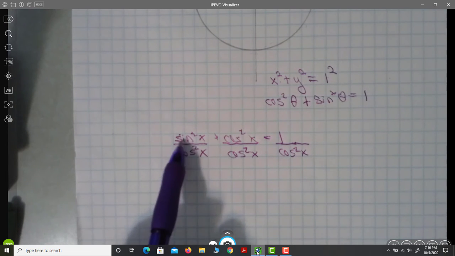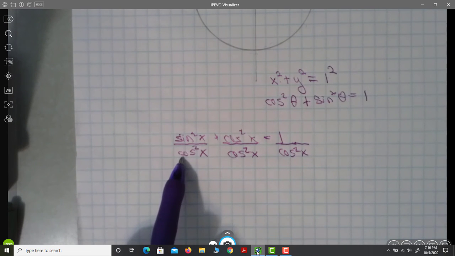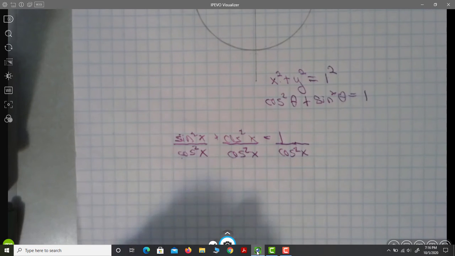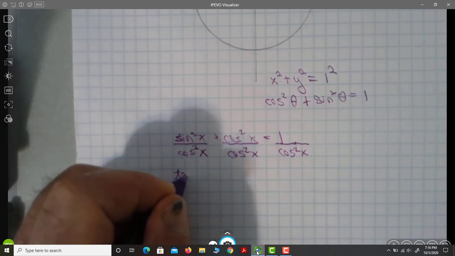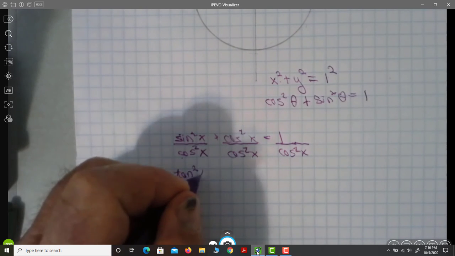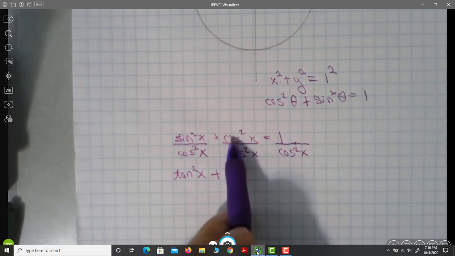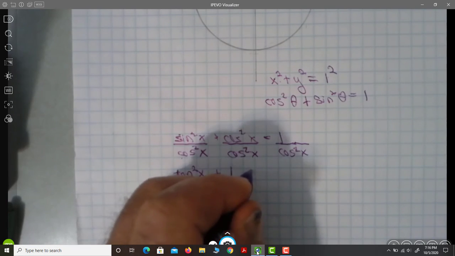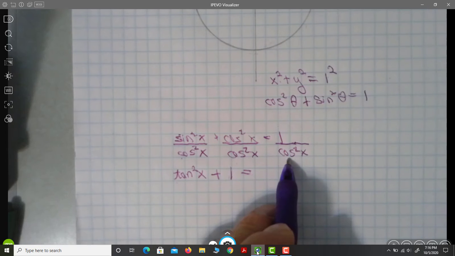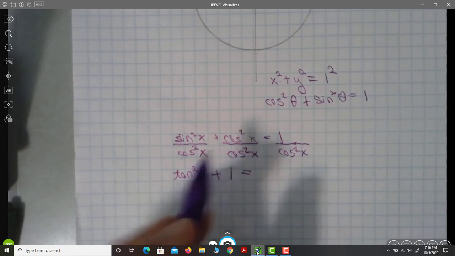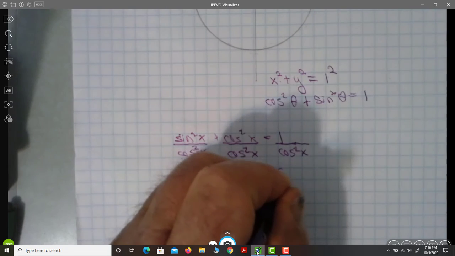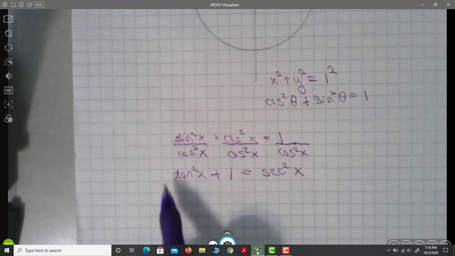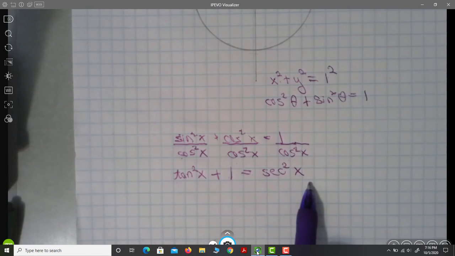All right, now sine over cosine is tangent. So this is sine over cosine all squared, or tangent squared. Cosine over cosine is 1, and 1 over cosine is secant, but notice that's squared, so this is secant squared x. So tan squared x plus 1 equals secant squared x.